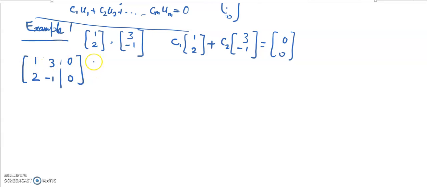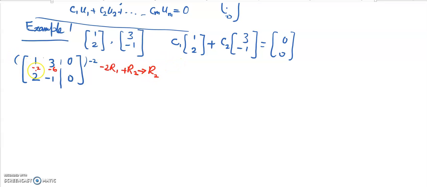From the row operation, I multiply row 1 by -2 and add it to row 2, which gives the new row 2.